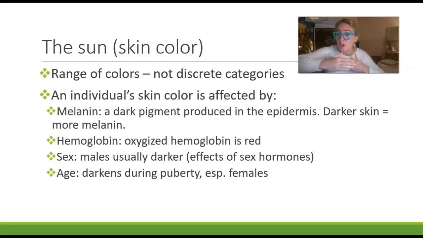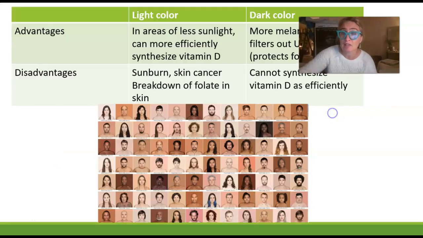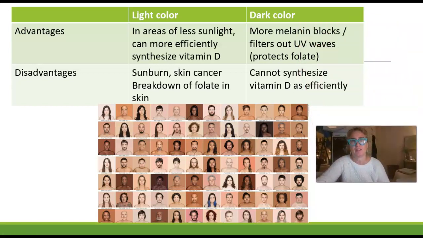Looking at it from a long-term genetic perspective, we can see that there were advantages to having darker skin when populations lived in areas with high UV, and advantages to having lighter skin in places where there was less UV.